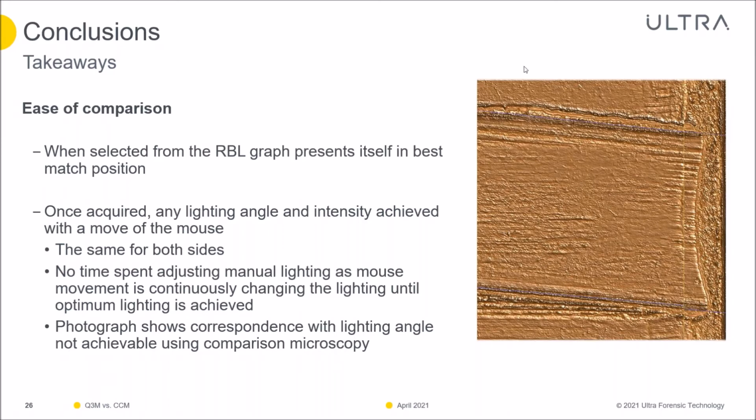And this screen grab on the right shows correspondence with a lighting angle that's not even achievable on my Vision X microscope. And I have a lot of flexibility with lighting on that Vision X microscope. But the optimum lighting that I used on a Quantum 3D microscope, I can't even achieve on a Vision X microscope.